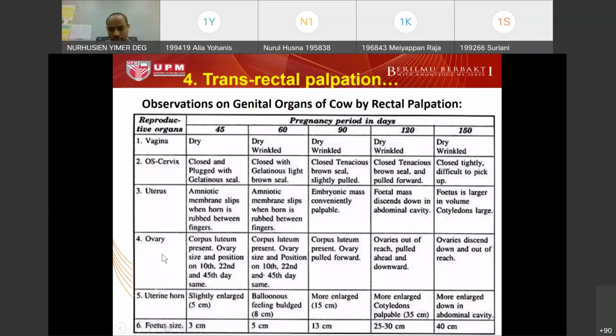Last year, I think, part of the course, ultrasonography for reproduction. But of course, also a little bit.